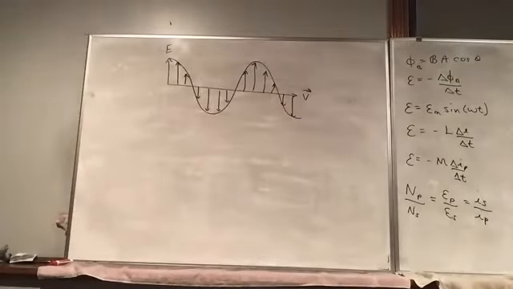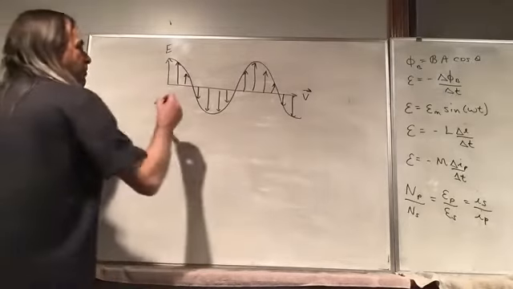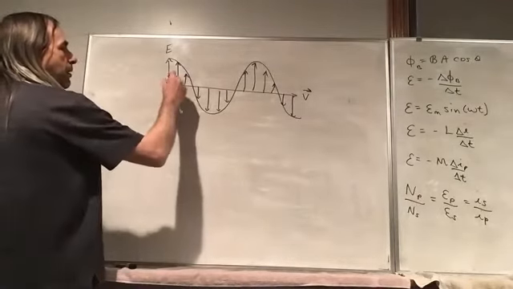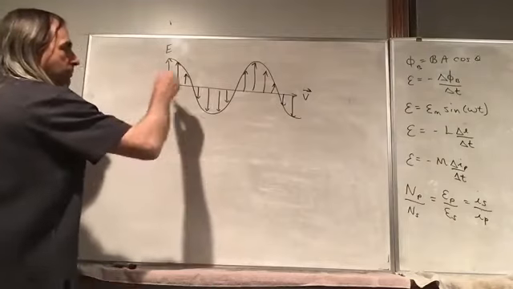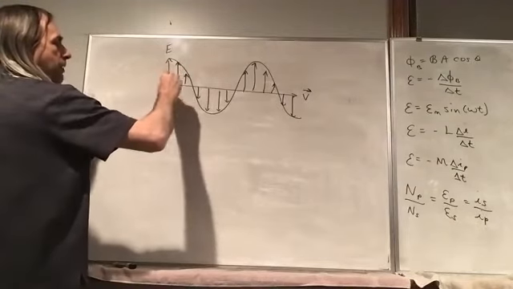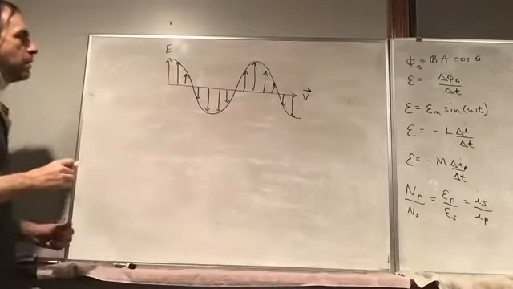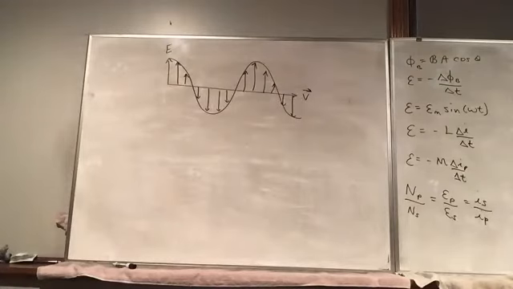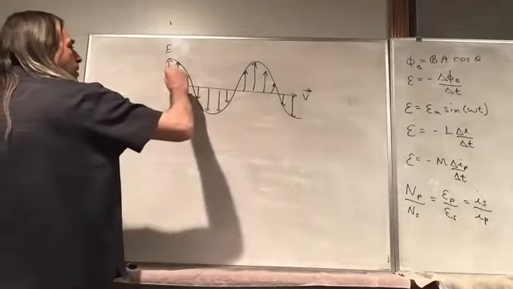But right now, the electric field would look like this. And the magnetic field is perpendicular to this. See if I can draw this. It's hard to draw because the magnetic field comes out of the board.